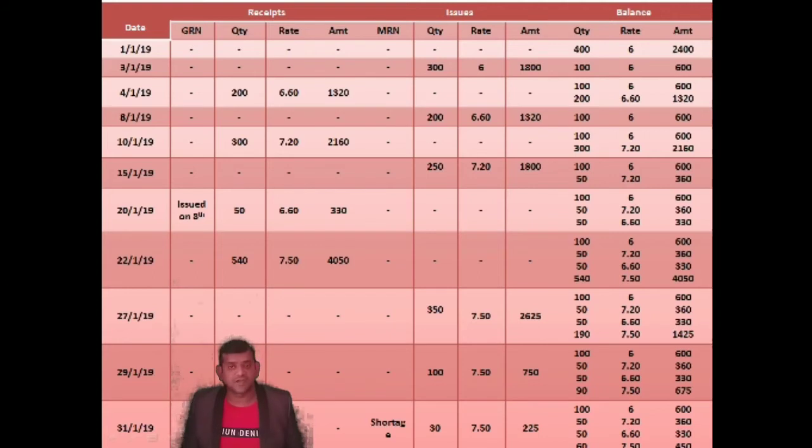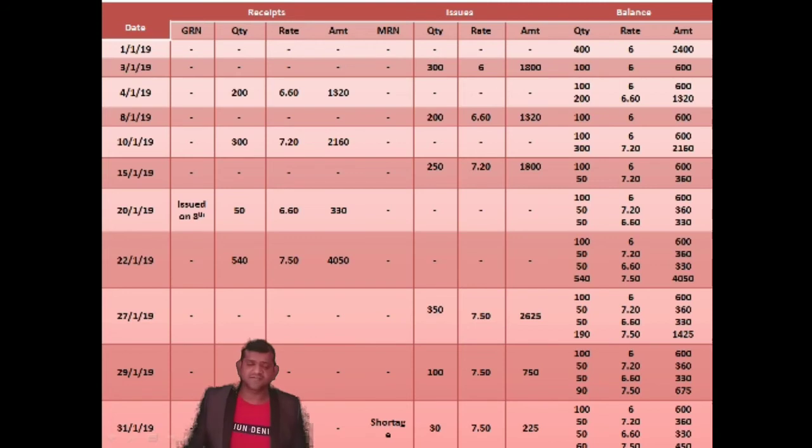The amount comes to 2,625 rupees. So the balance will be 100 units at rupees 600, 50 units at rupees 7.20, 360 rupees, 50 units at rupees 6.60, 330 rupees, 190 units at rupees 7.50, 1,425 rupees.